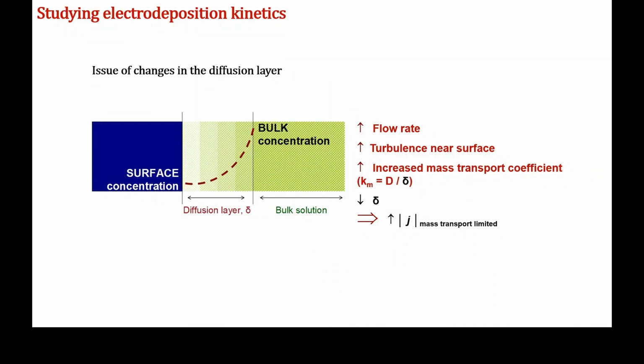So if you flow your solution, or you introduce turbulence, even something basic like a stirrer in your electrochemical cell, you will increase the mass transport coefficient, which is a ratio between the diffusion coefficient of your species and the thickness of this diffusion layer.